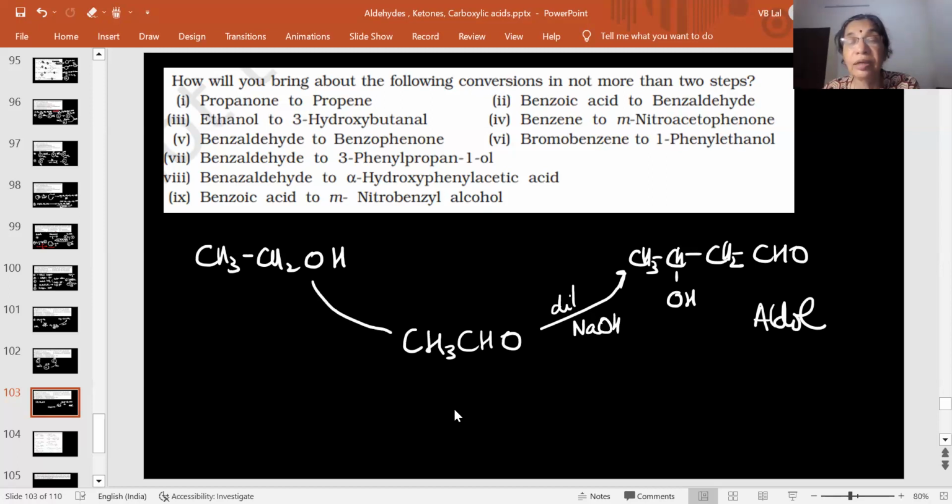How can I make this aldehyde from here? By using PCC, alcohol to aldehyde, and then aldehyde to aldol. Okay, so this is how you have to prepare. See, these conversions you will understand only when you think and apply. The more you think and try to find the answer, the better practice you will get.